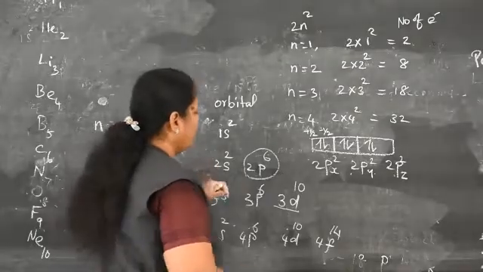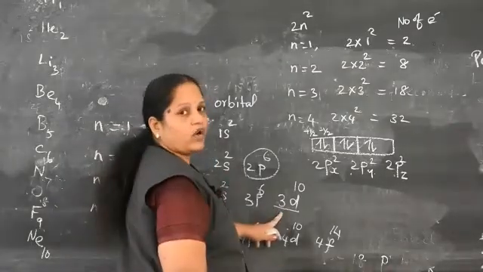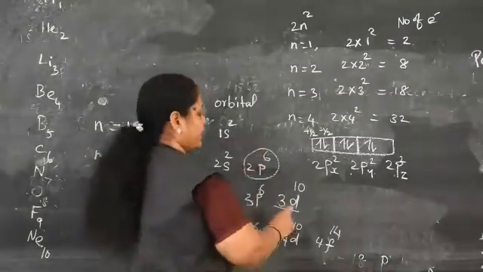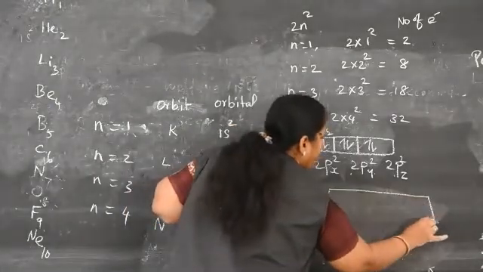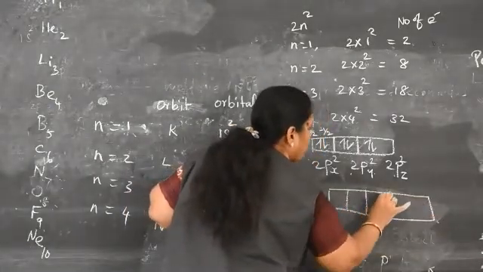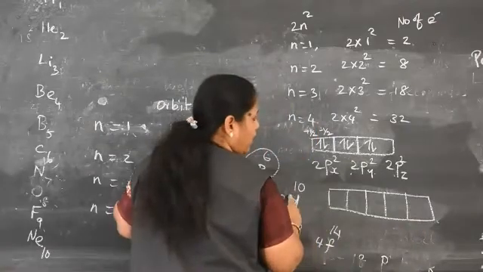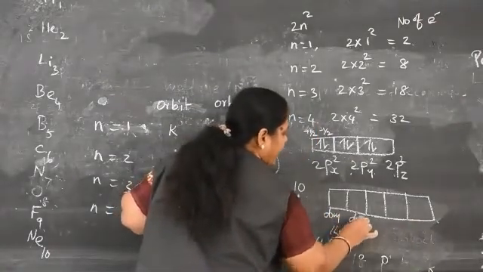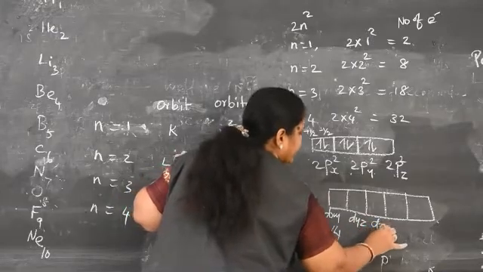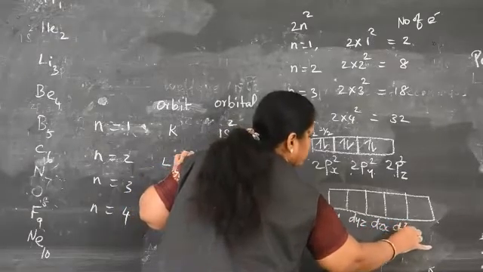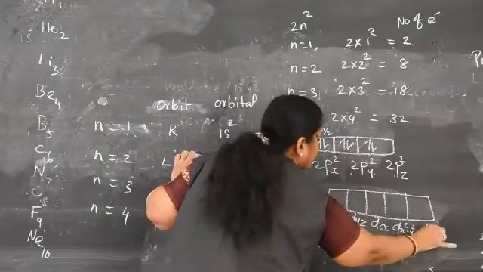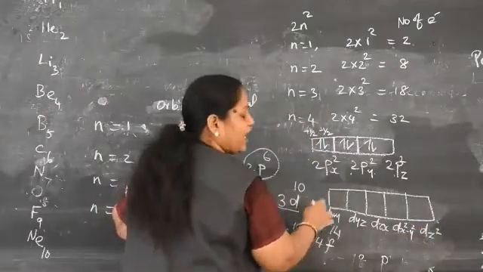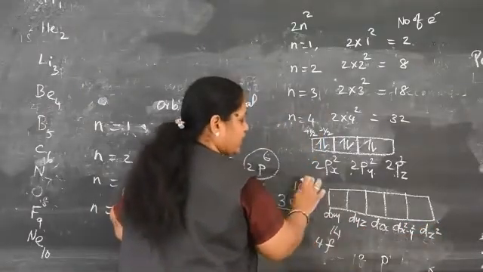Okay, now like that, the d orbital, totally how many? 5 d orbitals. Number of electrons in the d orbitals is 10. So 5 d orbitals. What are they? dxy, dyz, dzx, dx square minus y square, dz square. Each carries how many electrons? 2 electrons, totally 10.